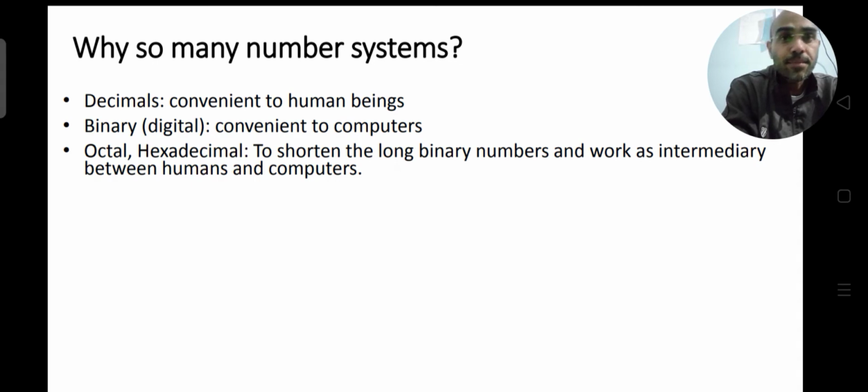The hexadecimal number system is more convenient than the octal number system, but for small computers, or places where the number of bits is small, it is also useful to convert into the octal number system. That is why we use so many number systems in this course, to understand how to convert from one number system to another.